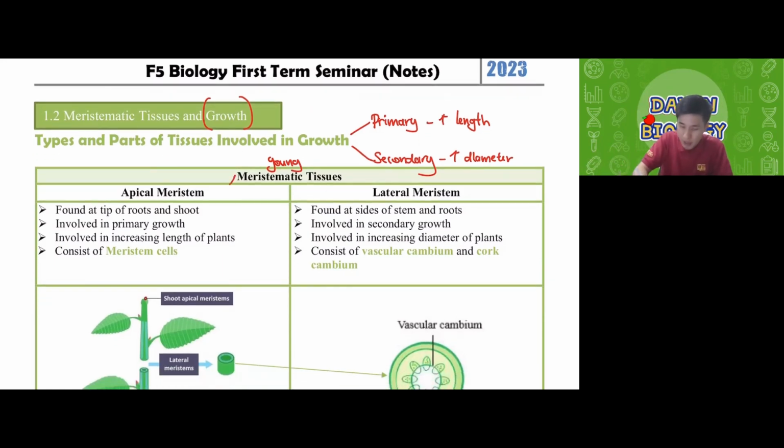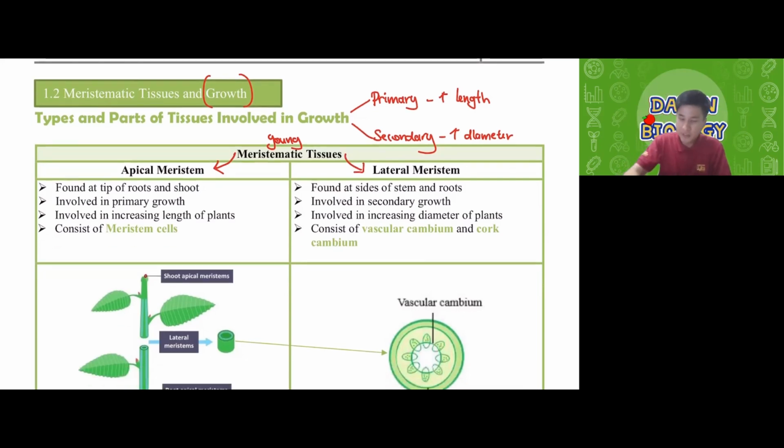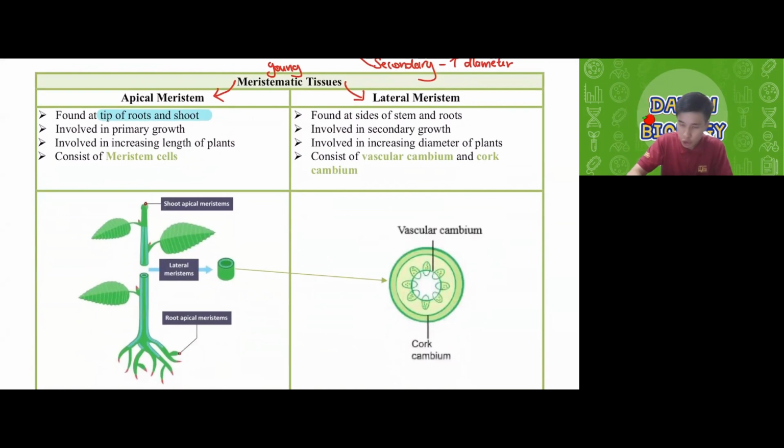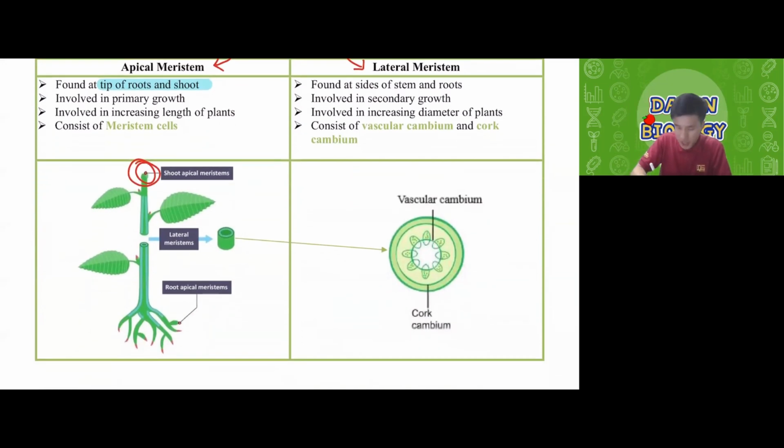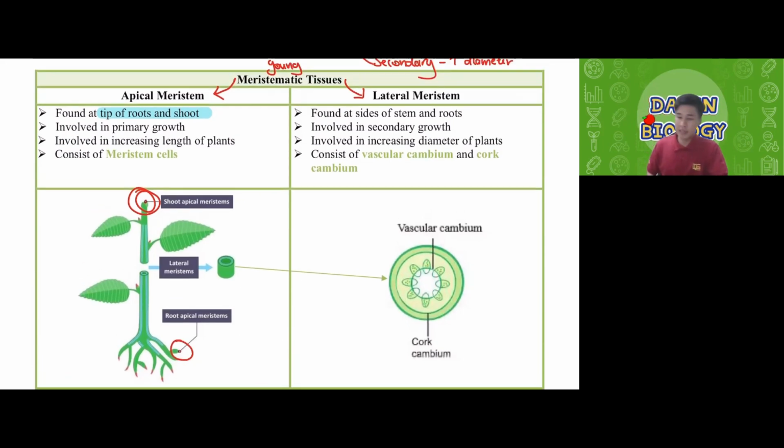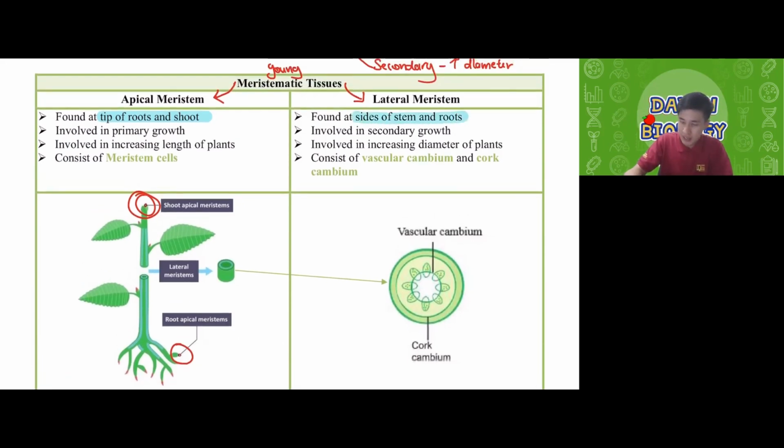You have apical meristem and lateral meristem. Apical is found at the shoot tip and root tip, meaning the topmost part of the plant and the bottommost part of the plant. Lateral meristem is found at the sides of the stem.